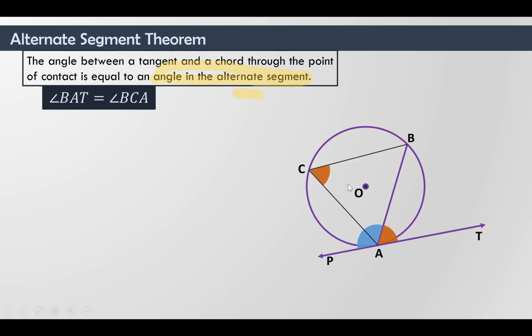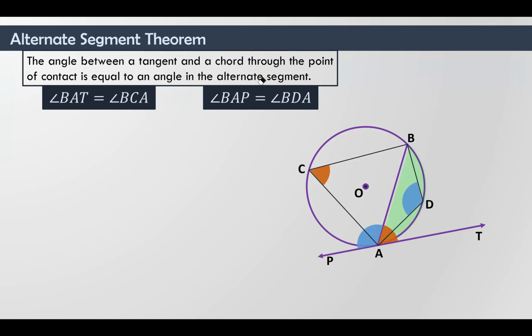So for this angle BAP, the other segment which is on the right hand side, which is on the opposite side of that angle, the green shaded segment, this segment is alternate segment for angle BAP. So any angle in this segment will be equal to angle BAP. So angle BDA is the angle in alternate segment for angle BAP, and it will be equal to angle BAP.